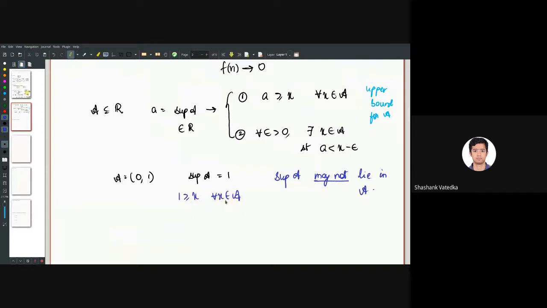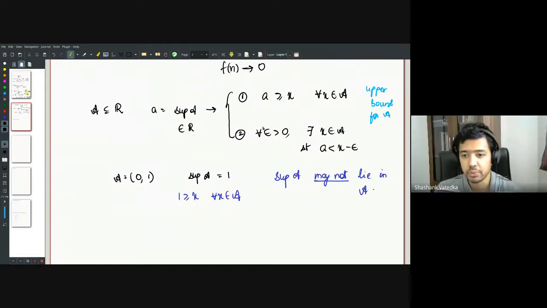Right? That's obvious. The second point says that if you pick any epsilon, so if you try to go a little below 1, so you take 1 minus epsilon. So pick some epsilon, say epsilon equal to 0.0001.